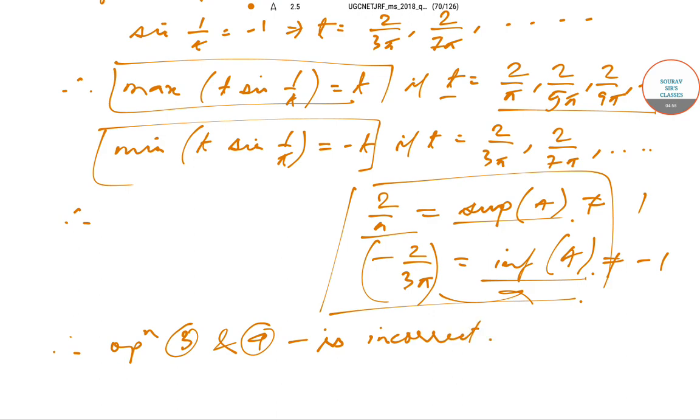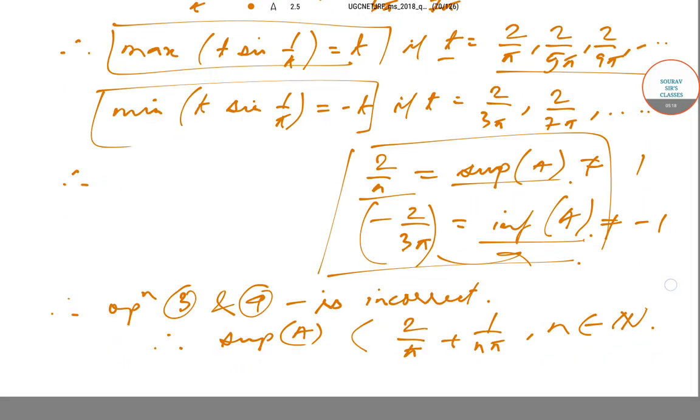Now let's move on. If supremum of A is like this, we can definitely write that supremum of A is less than 2 by pi plus 1 by n pi, where n belongs to the set of natural numbers.